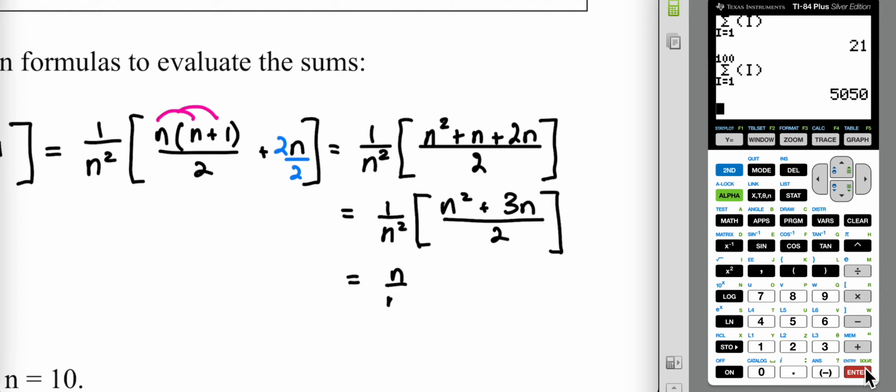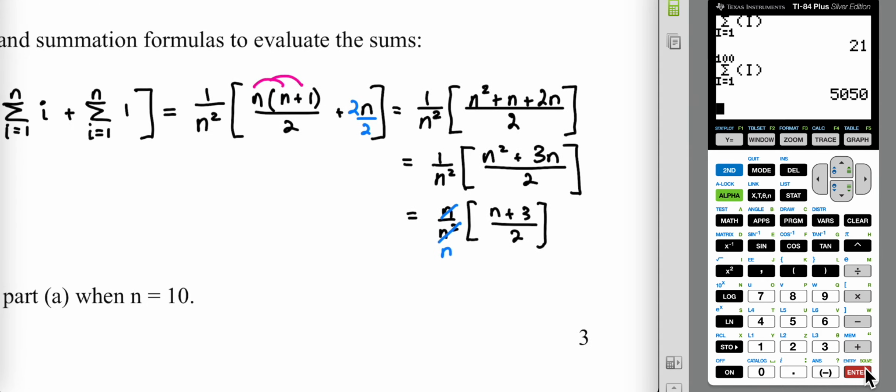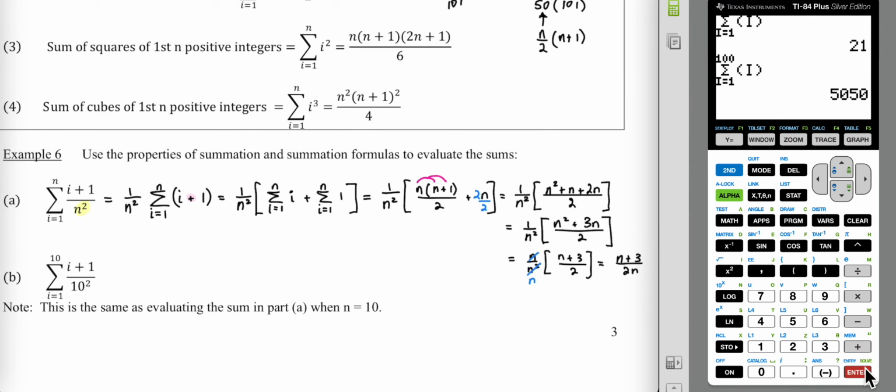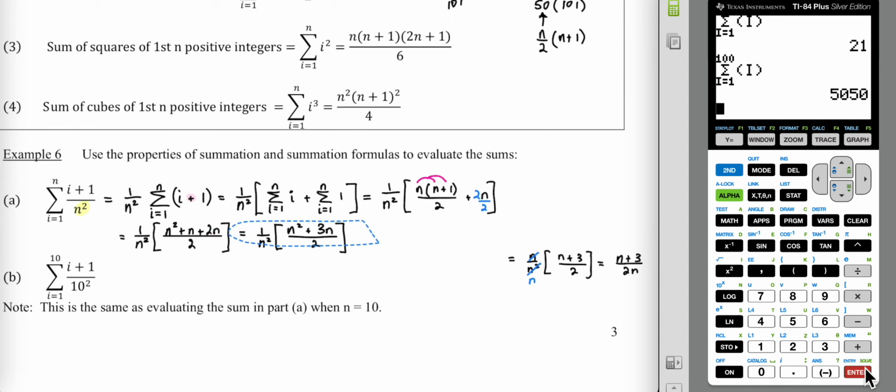So n over n squared times n plus 3 over 2. n goes into n squared n times. So this would just clean up to be equal to n plus 3 over 2n. All right, so there's a lot of stuff here, a lot of funny business going on, but it's very manageable. It's just the algebra. When people get jammed up on this, it's almost always because of the algebra. So you just got to be mindful of that and take your time.